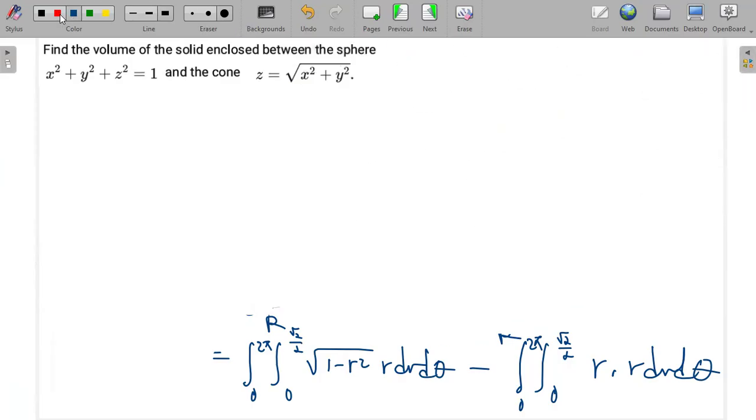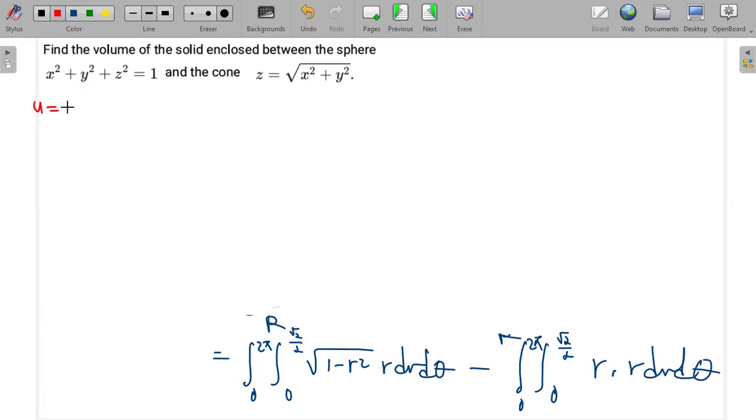So our volume is equal to, we just have to integrate this and then subtract them. We can start with the first one. Let me even erase the volume. So what is this integral here? This integral, we are going to evaluate it using substitution.